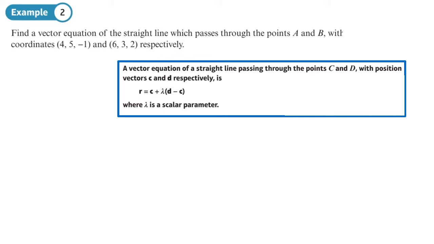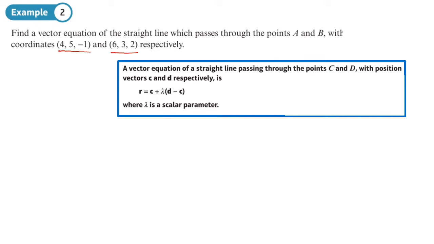Right, okay, finally, find the vector equation of the line which passes through the points A, B with coordinates 4, 5, negative 1 and 6, 3, 2 respectively. Now there's a way that we can work out the parallel vector. If it's passing through these 2 points, I can work out what this parallel vector is.